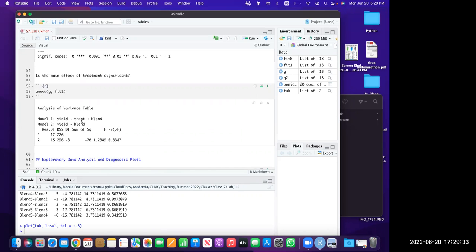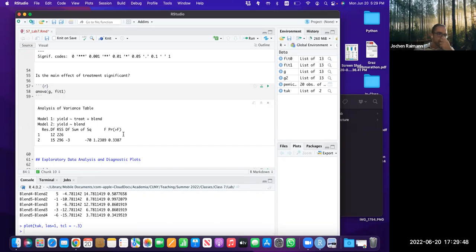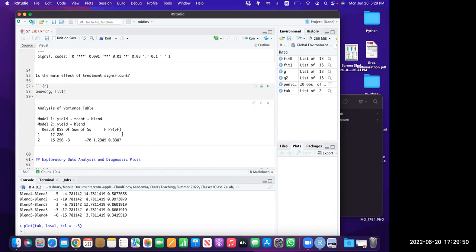So in this one, just reading it without looking at all of the previous data and models we've seen, I was confused looking at this because it shows model 2 as being insignificant with a high p-value on the right, 0.3387. So I was interpreting that as the blend not being significant. That was my confusion.